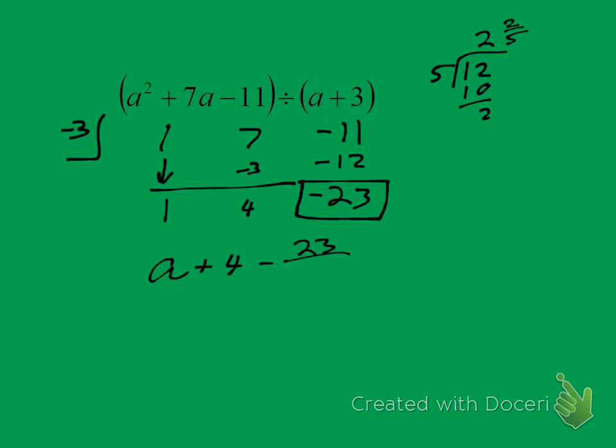What are you dividing by? A plus 3. See that? It goes back to what you're dividing by in the long term. This is just shortcut work here, guys. All this stuff here is shortcut work. You're still doing a squared plus 7a minus 11 divided by a plus 3. So you're dividing by a plus 3.